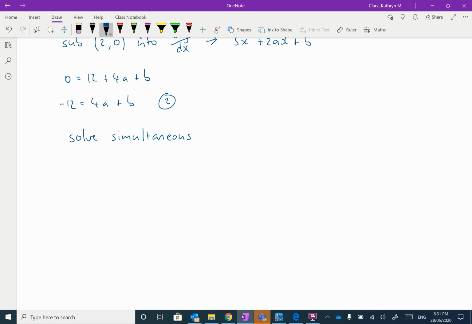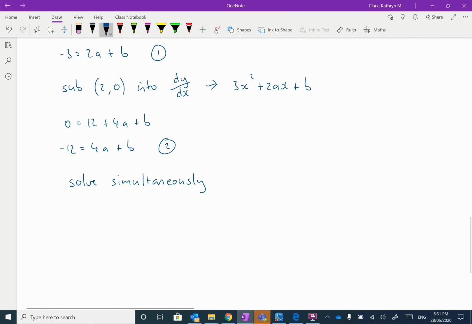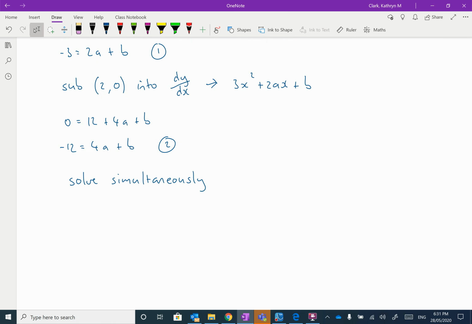And now I can just solve these things simultaneously. You can either do that by hand or using your calculator, depending on whether it's exam 1 or exam 2. So let's assume this is exam 1, because who doesn't love doing all the math? Let's do -12 equals 4a plus b, minus -3 equals 2a plus b.